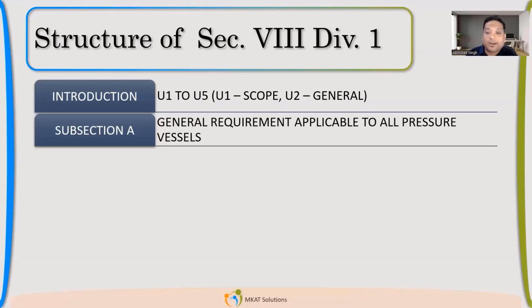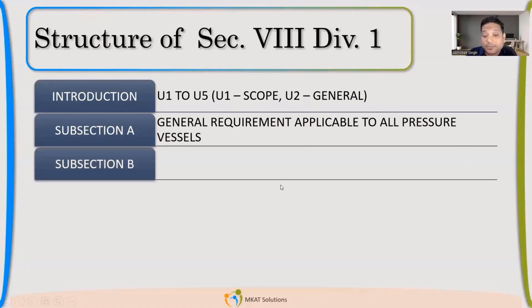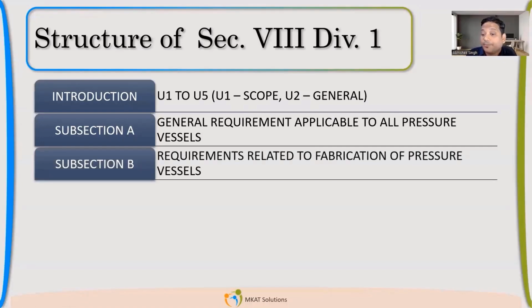Now, talking about the structure of section 8 division 1, just to give you a brief: we covered the introduction part in U1 to U5. Then there is subsection A, which talks about all the general requirements applicable to pressure vessels. Then there is subsection B, which talks about fabrication related requirements, right?